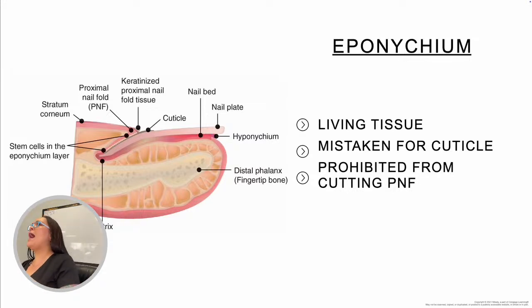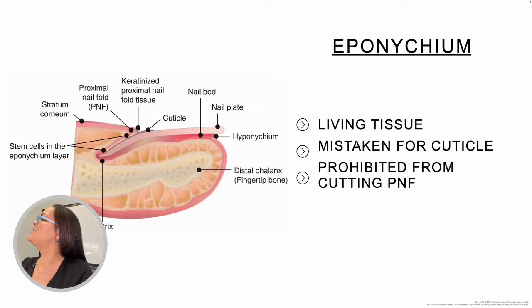But it grew out and it was exposed to the light, exposed to washing your hands, exposed to just living and everything. And it died right there on the nail plate. And as that eponychium is growing, it's pushing it. That's why your cuticle keeps coming back. Because there's something that's alive and growing underneath that proximal nail fold that gets pushed out until it's exposed to the world. And then it dies on the nail plate and is now the cuticle.